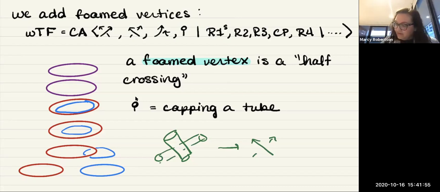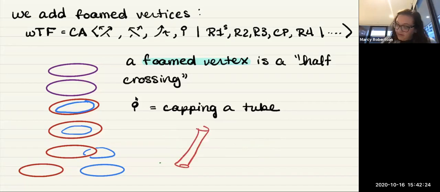Here the tube entering is the blue tube. I guess the red one should come first. So I've got some tube of the surface, and here I can have the blue tube enter, but it doesn't exit, it just carries along.